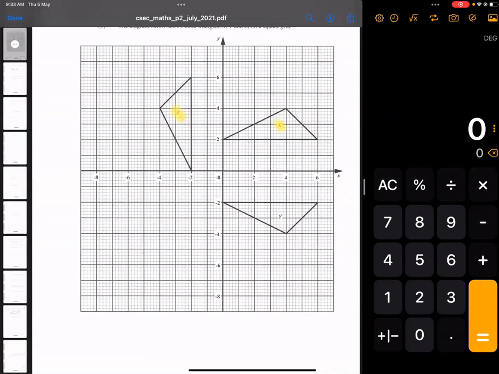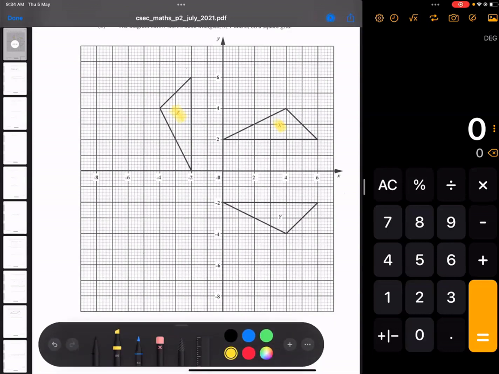Looking at this, we can realize that the triangle is being rotated, and trying to find the center of rotation, it would seem to be the origin.